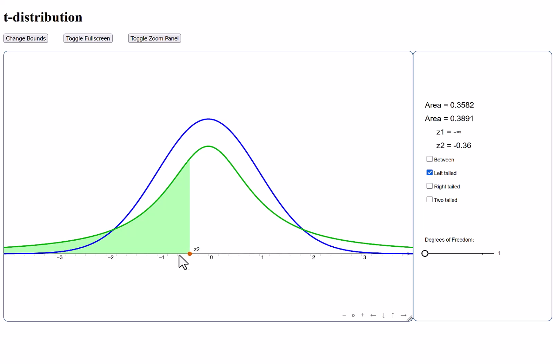Okay, so for instance, this is set to left-oriented calculation. So the area under the curve for the t-distribution up to z equals negative 0.36. That area is, I can't remember which one I set as the normal distribution and which one I set as the t-distribution though.